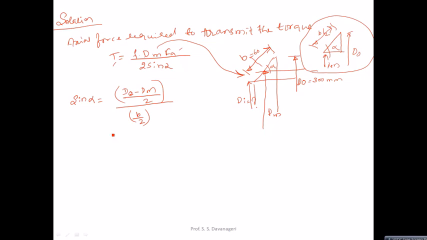Sine alpha equal to (d naught minus dm) divided by 2, all divided by b by 2.